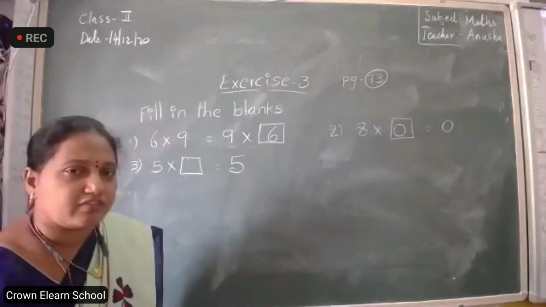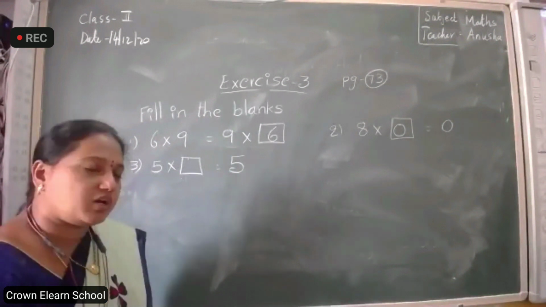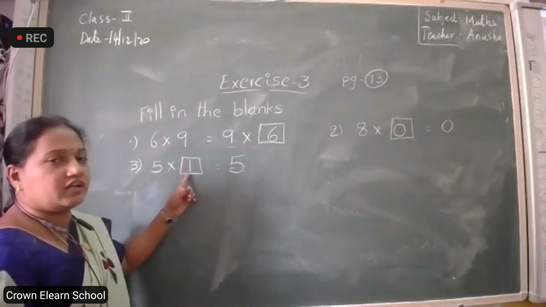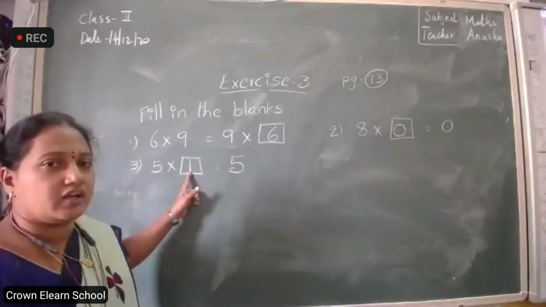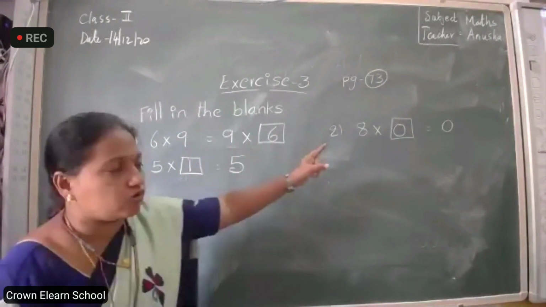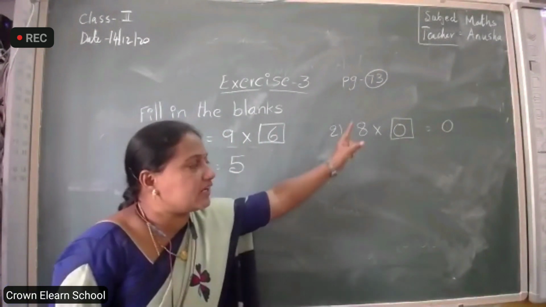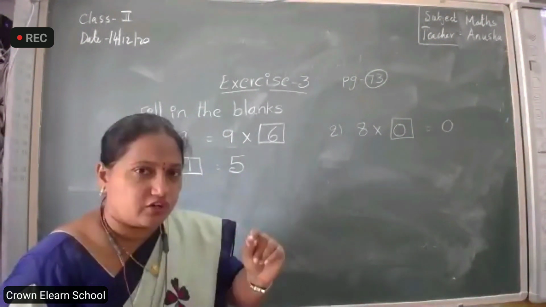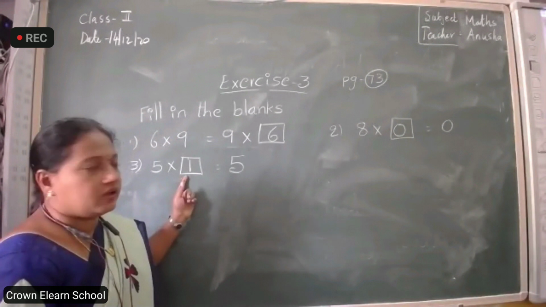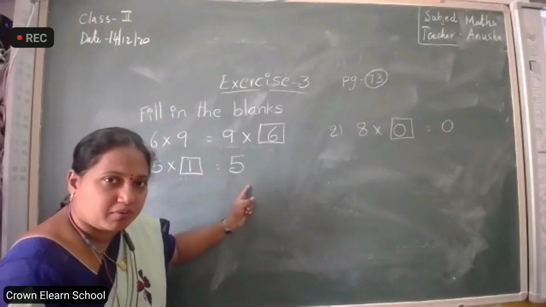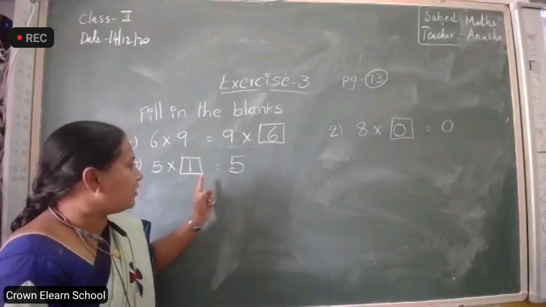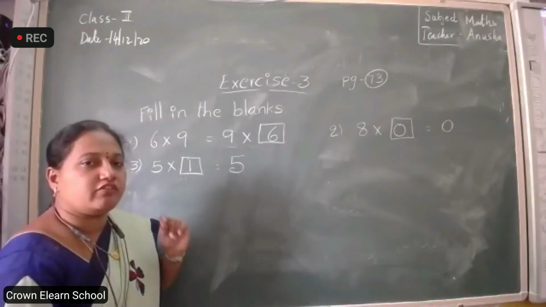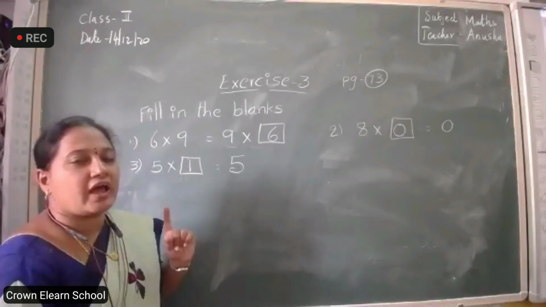When we multiply with 1, we get the same number. So what is the answer? 1. Remember that if 0 is there in the question, automatically the answer will become 0. That is the multiplicative property of 0. When you get the same number as the answer, one number should be 1. Then only we can get the same number as the answer.